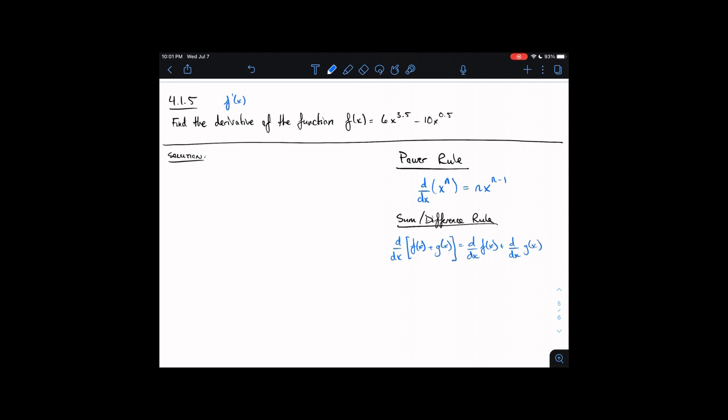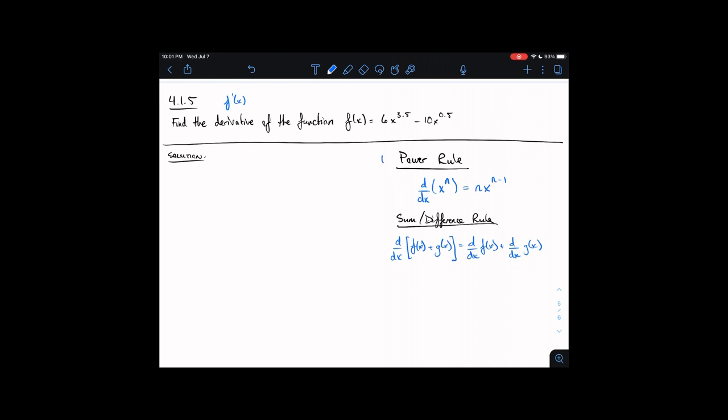And then the same goes for taking a difference. So if you look at the problem here, it says find the derivative of the function f of x equals 6x to the 3.5 power minus 10x to the 0.5 power. You can see that we're going to use both of these rules.